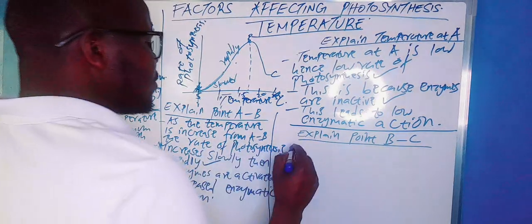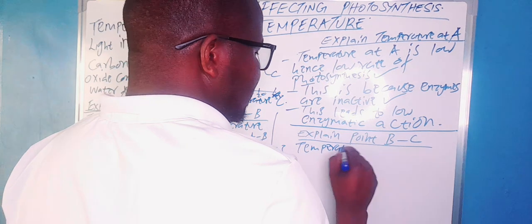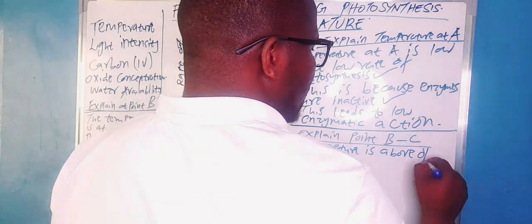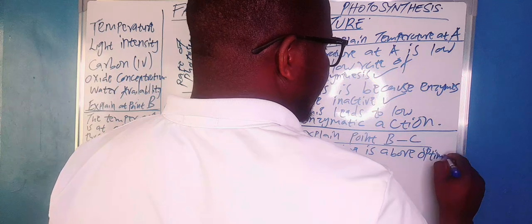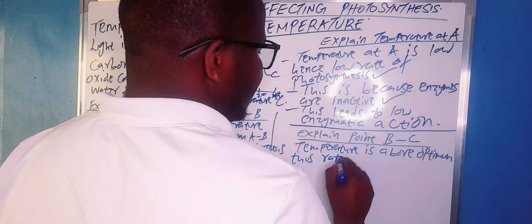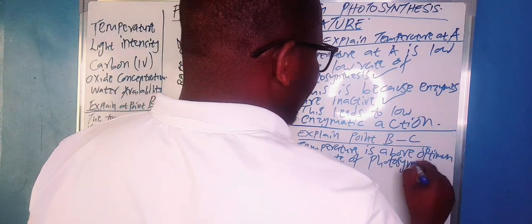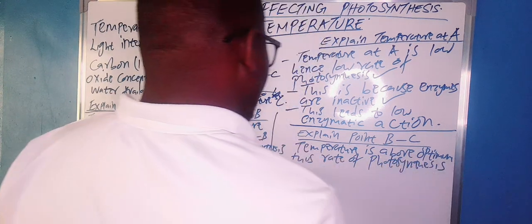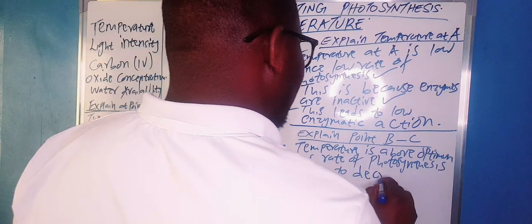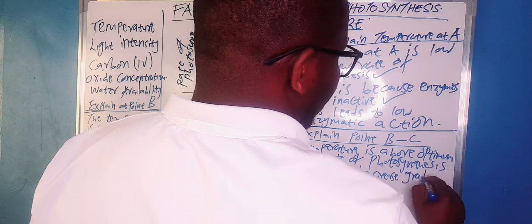And we are saying temperature is above optimum. Thus, rate of photosynthesis starts to decrease gradually.